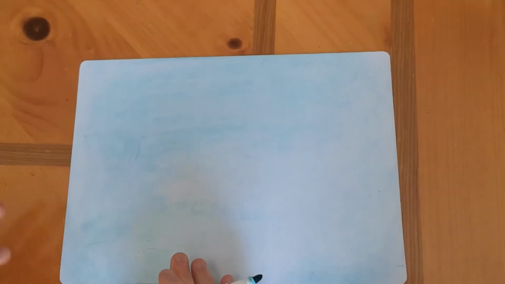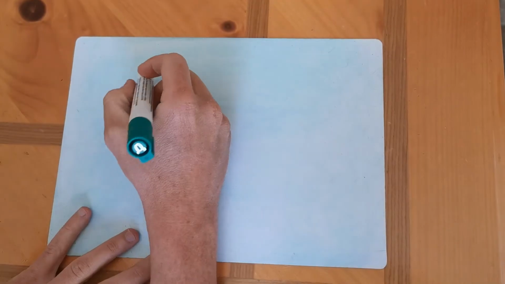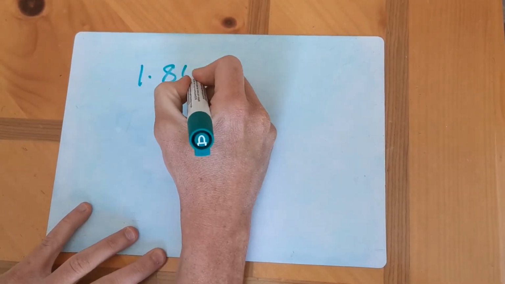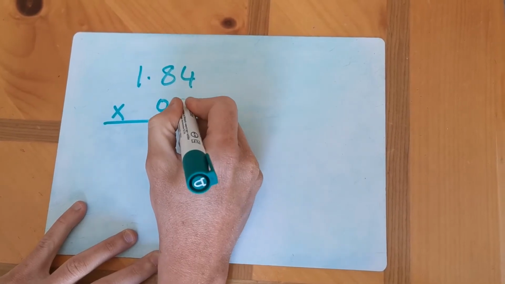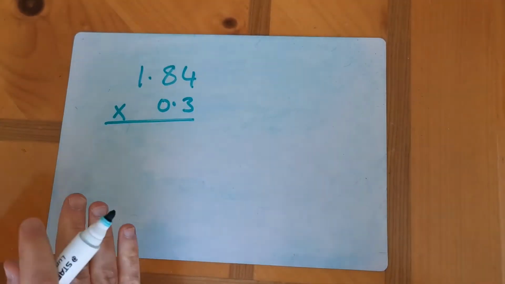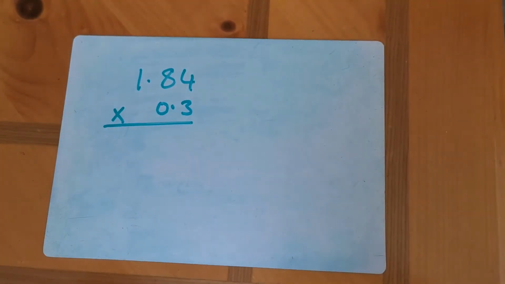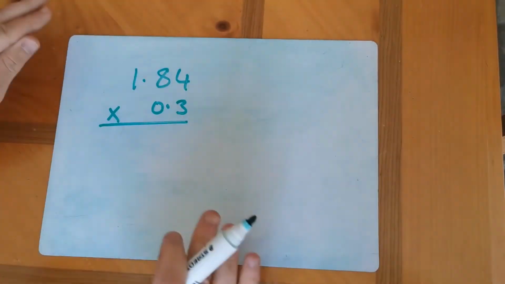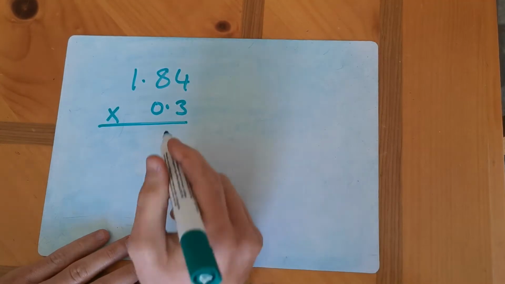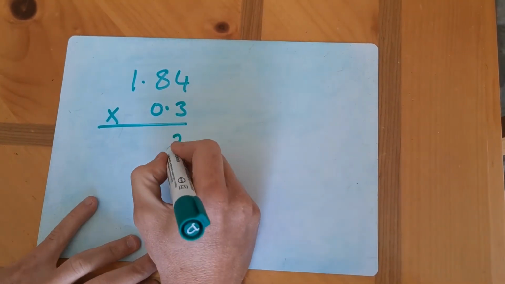So if we look at a couple of other examples that you may see. Let's say we had 1.84 and we want to multiply it by 0.3. Again, when we multiply by decimals, we're going to ignore the numbers that come after the decimal point for now. We're just going to do the sum as normal, forgetting the decimal points. 3 4s make 12.